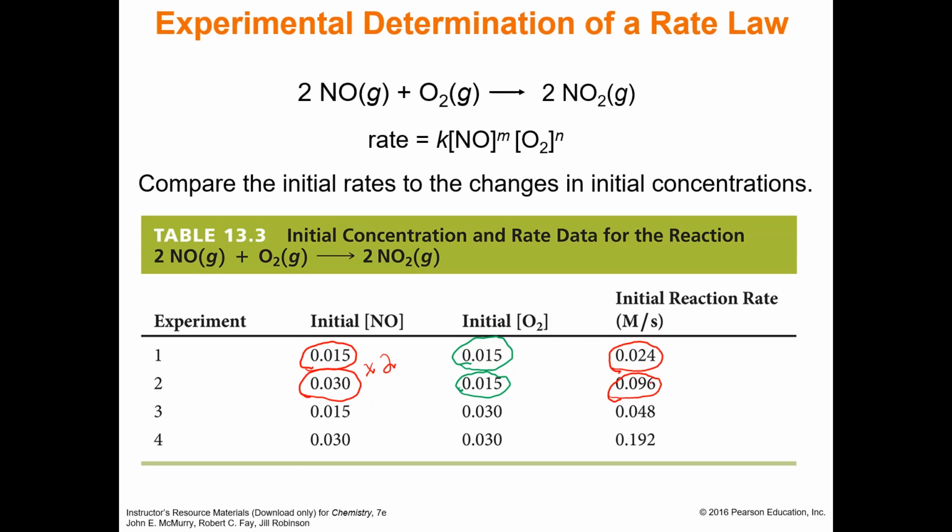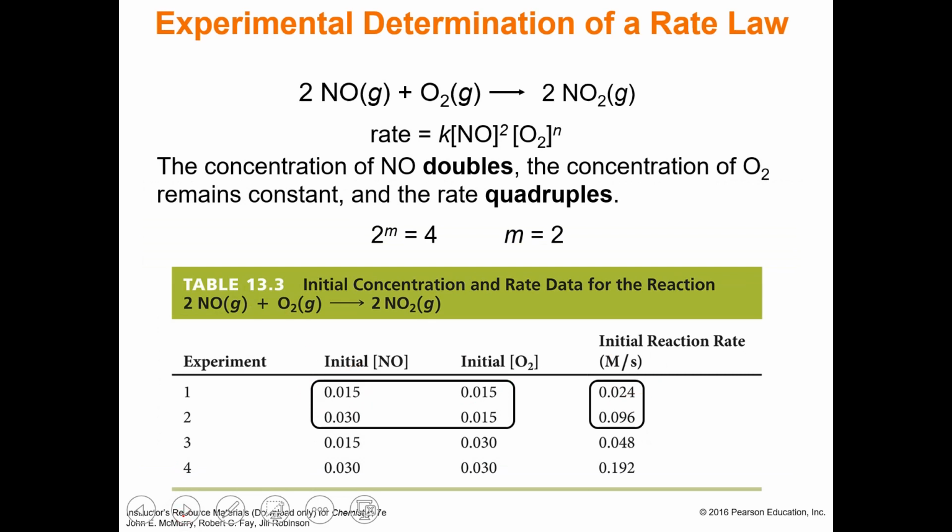We go from a rate of 0.024 molar per second to 0.096 molar per second. If you can't do this in your head, put this in your calculator, 0.096 divided by 0.024. That comes out to be a change of increasing the reaction rate by 4. So we're increasing the concentration of NO by 2, and we're increasing the reaction rate by 4.